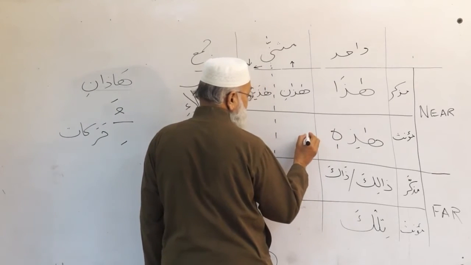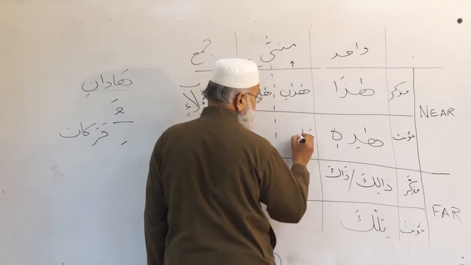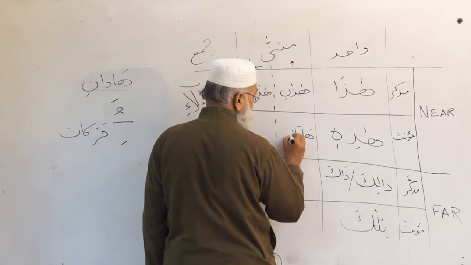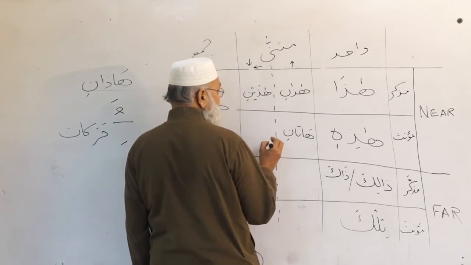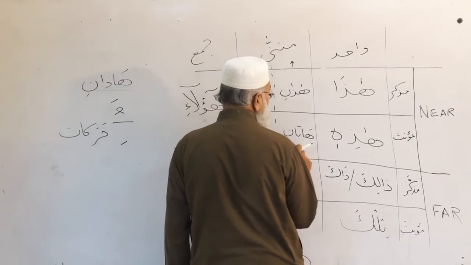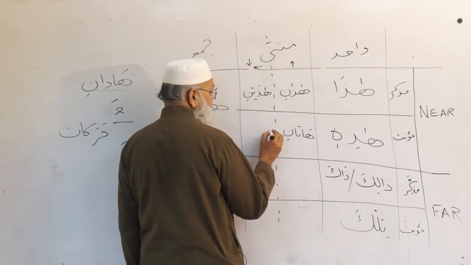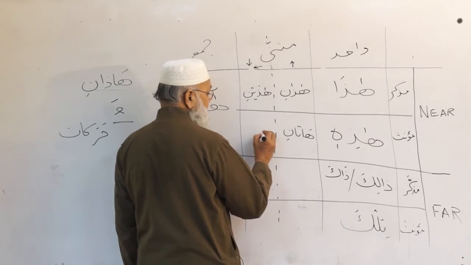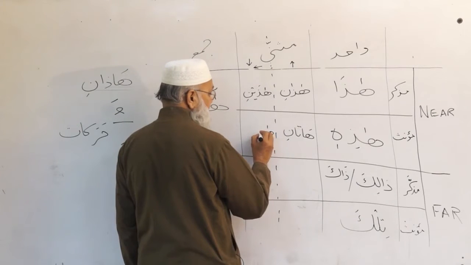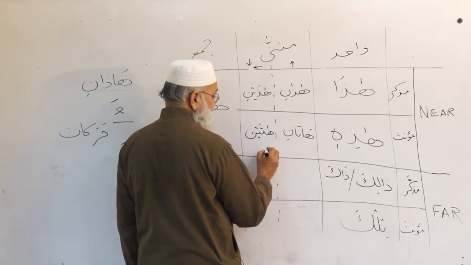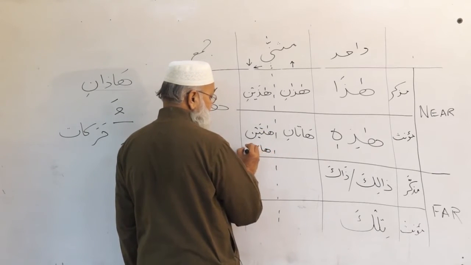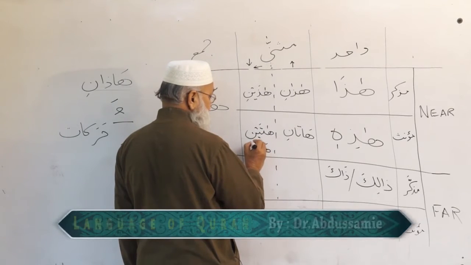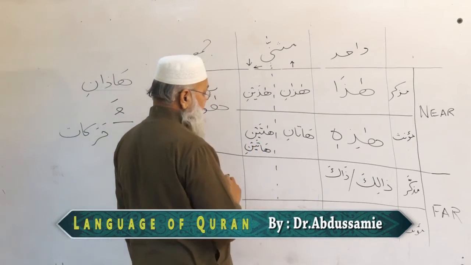Then hadihi would be hatani, and in the rafa form it will be hatani, and in the nasab and jar form it will come to be hataini. But musanna in the nasab and jar form has to end at aini sound.